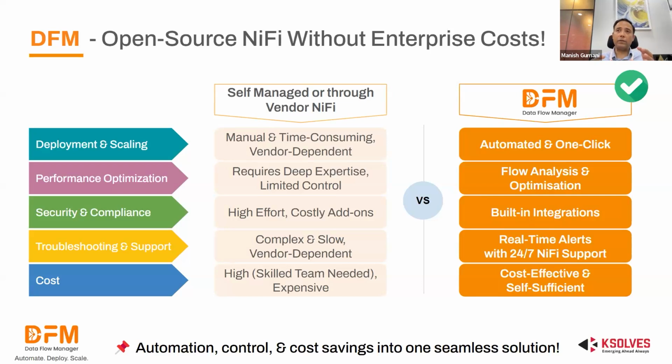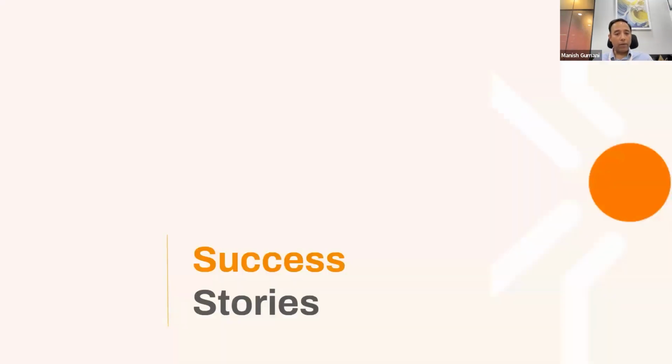Cost-wise, DFM is very cost efficient compared to any other enterprise NiFi solution out there. And we have some case studies which will explain the difference in cost, which is almost up to 70-75% compared to the enterprise NiFi vendors out there. So with DFM, you get automation, you get complete control.